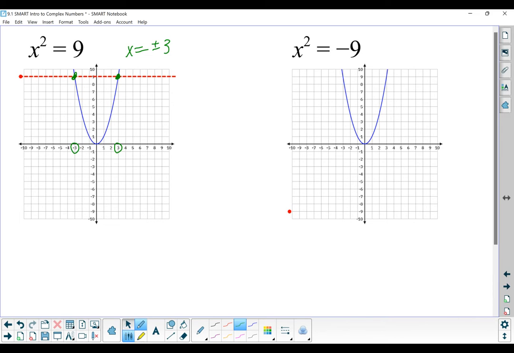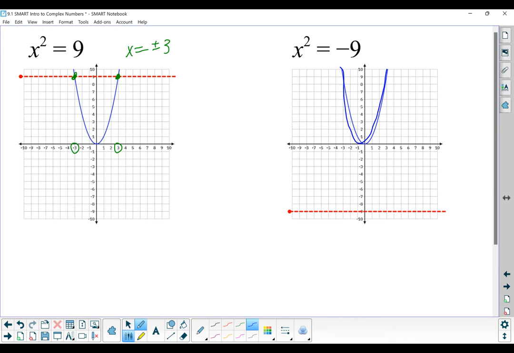So if we want to think about x squared equals negative 9 as this graph idea, it's the same x squared parabola, but it's never going to have a height of negative 9. Our parabola lives up here in quadrant 1 and quadrant 2, and negative 9 is way down here in quadrant 3 and 4.